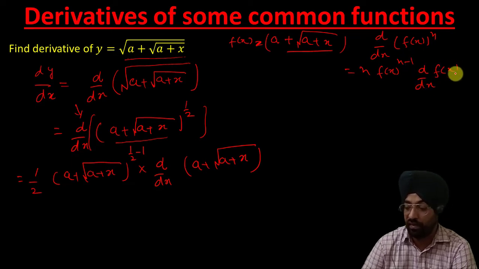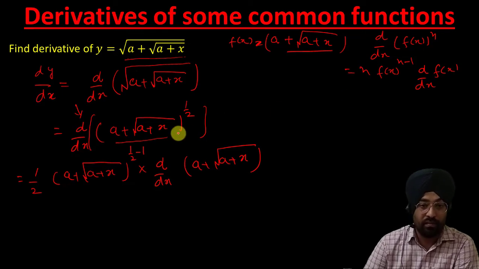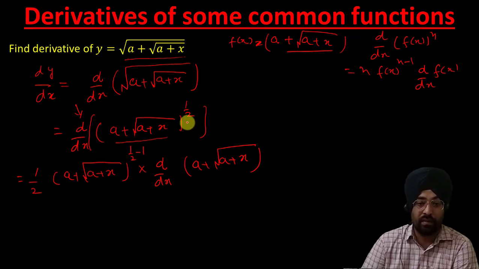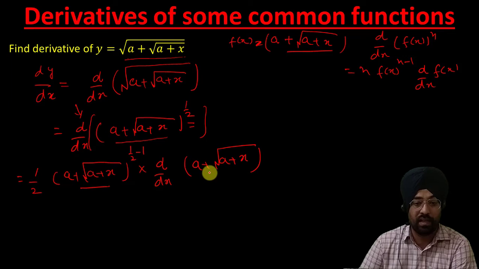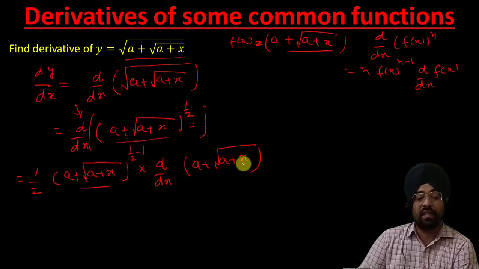When I applied this formula here, it becomes half, times the function (a plus square root of x) raised to the power half minus 1, into dy by dx of (a plus square root of x).